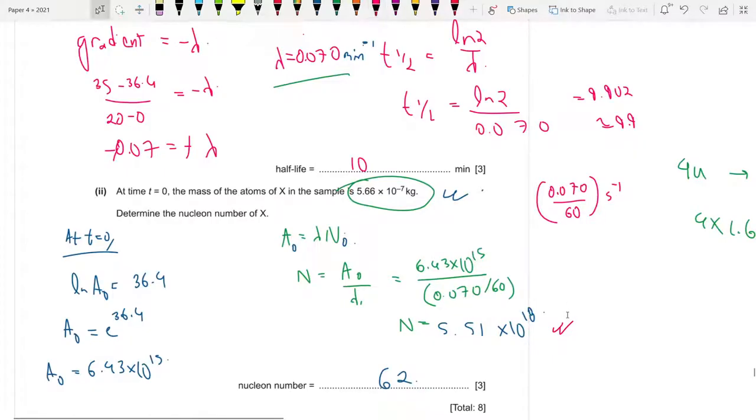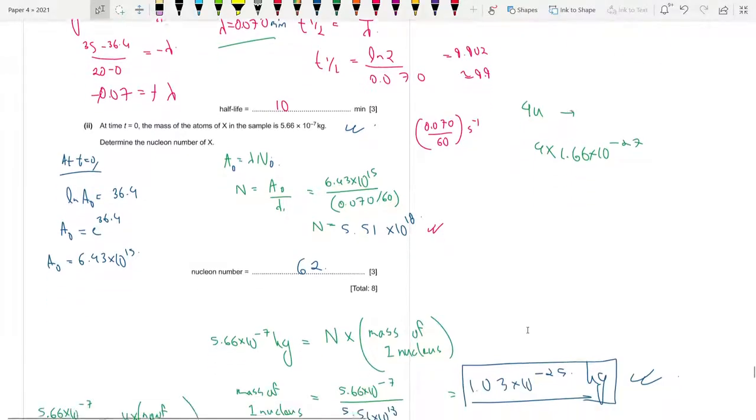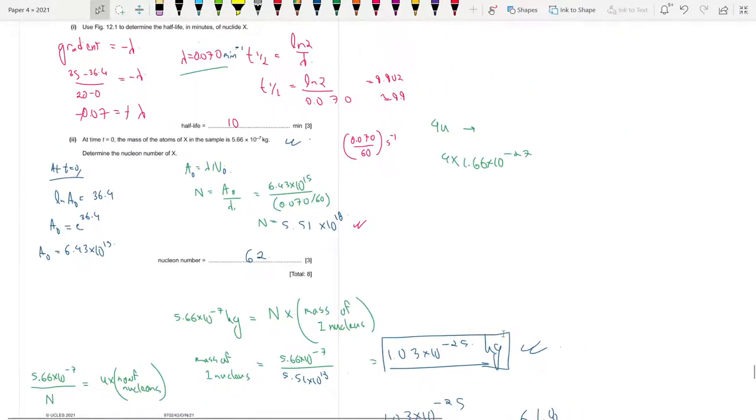Okay, it's still not done yet. So the mass is 5.66 into 10 to the power minus 27. We need to find out the nucleon number of X. How to do this? So remember this, this is a nuclide, right? It has an atomic number Z and a nucleon number A. So the total mass, okay, this is the formula.